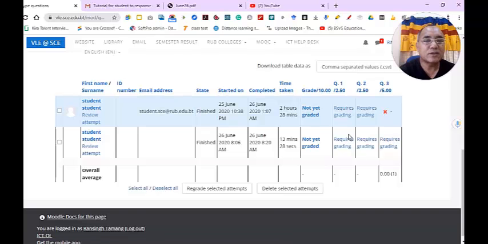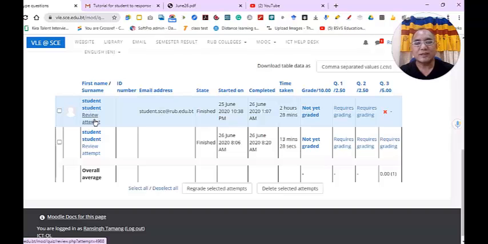So these are the 3 questions which I need to grade, and these students have to get the marks. Since these essay type questions cannot be evaluated automatically by the machines, you have to assess manually.